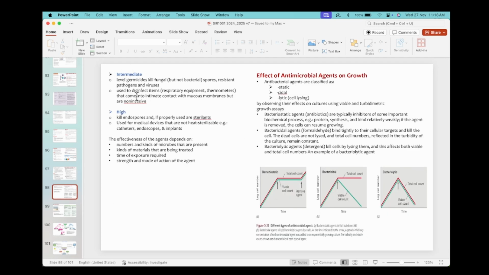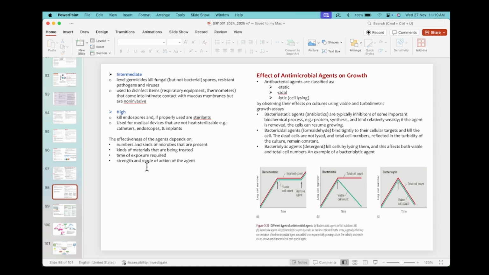We also have the intermediate level, where the germicides can kill fungal spores, resistant pathogens and viruses, and is used to disinfect items that come into intimate contact with mucous membranes but are non-invasive, for example thermometers in the mouth. And finally, high level, where they are able to kill bacterial endospores if properly used as sterilants, and are used for medical devices that are not heat sterilizable, for example catheters, endoscopes, and implants.